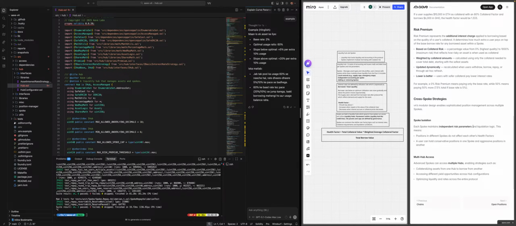And the other thing is risk premium, which represents the additional interest charge applied to borrowing based on the quality of the user's collateral. It determines how much extra the user needs to pay on top of the base borrow rate. Base borrow rate I think is basically interest.